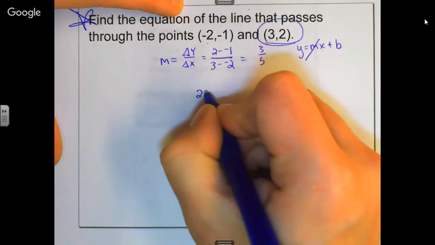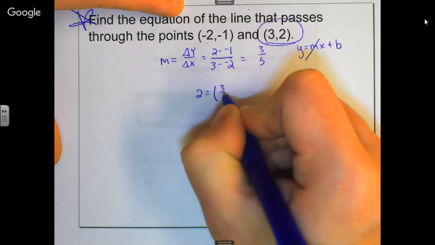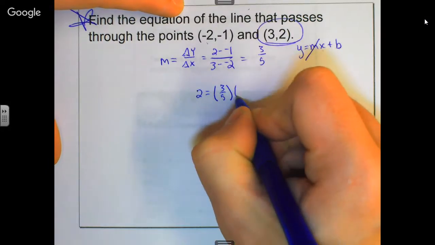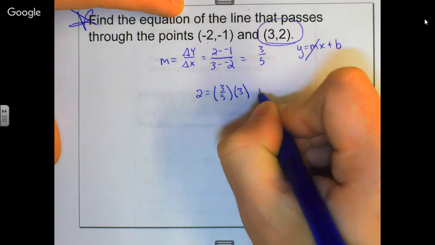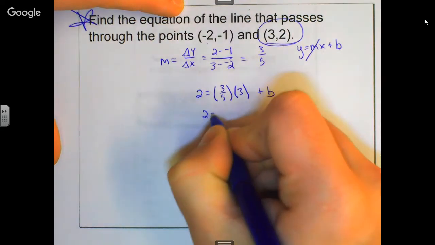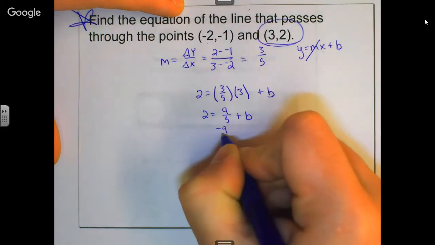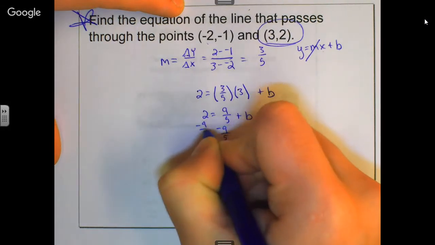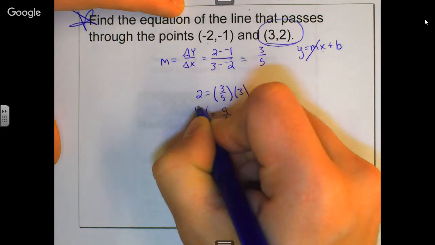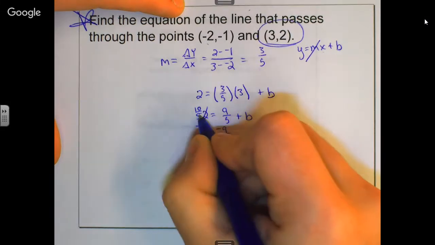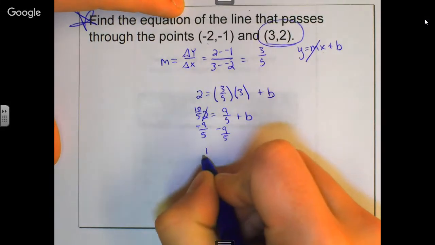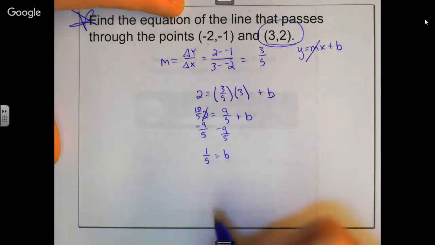So 2 equals 3/5 times 3 plus b. So 2 equals 9/5 plus b. I subtract 9/5. 2 becomes 10/5. 10/5 minus 9/5 is 1/5 equals b.